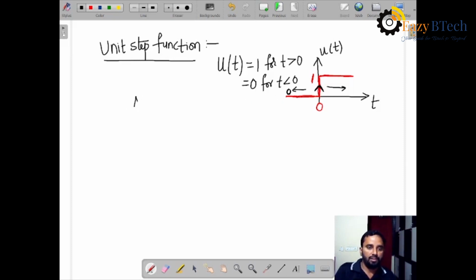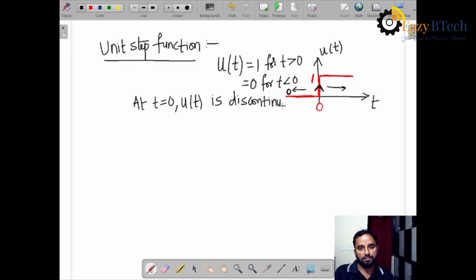So u of t at t equal to 0 is discontinuous.